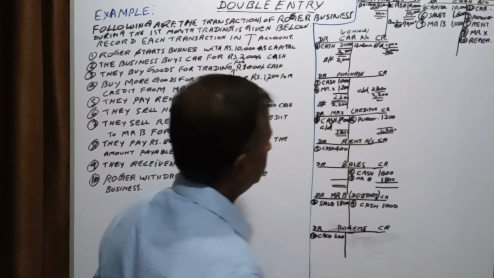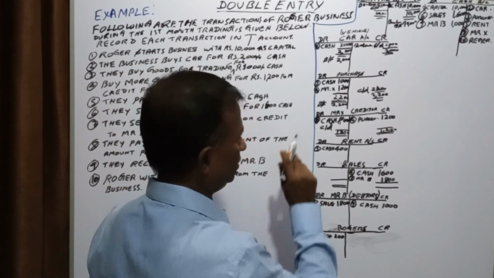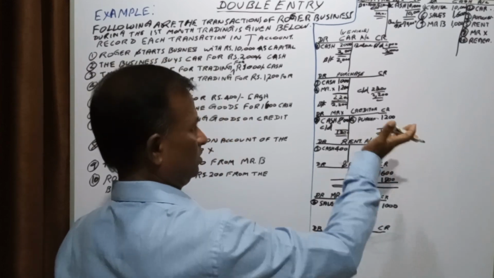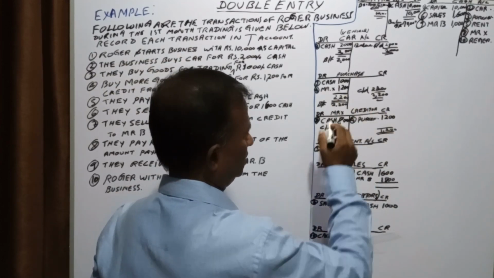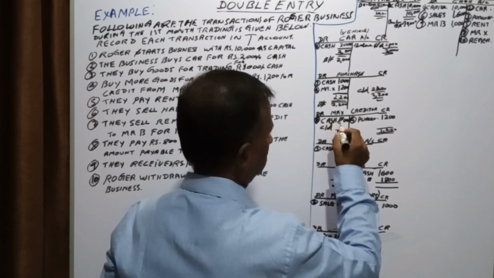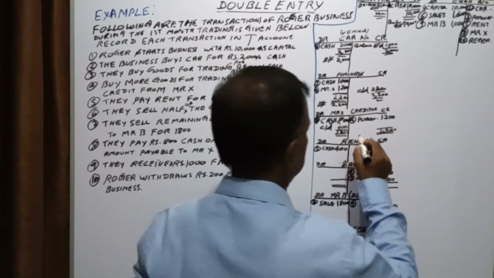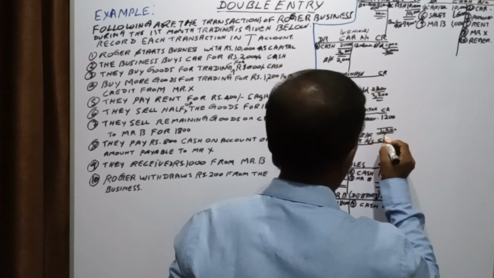Here we have to put the balancing figure, because we have a debit balance and a credit balance. The credit balance is more than the debit balance, so the difference carried down is 400, then brought forward 400.